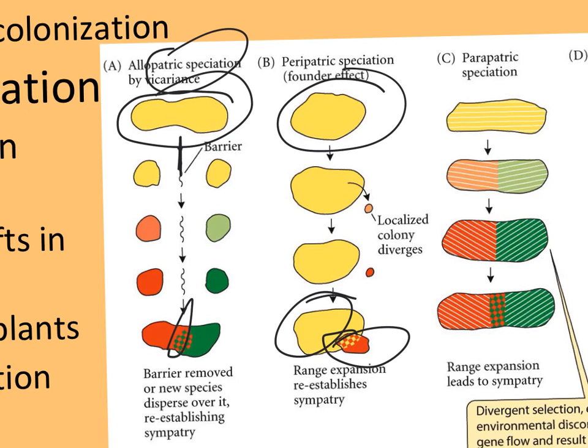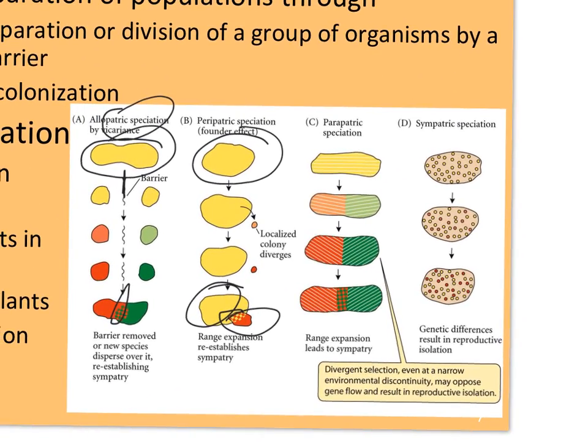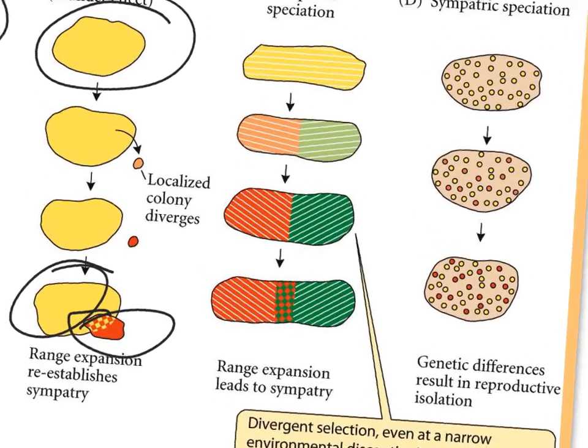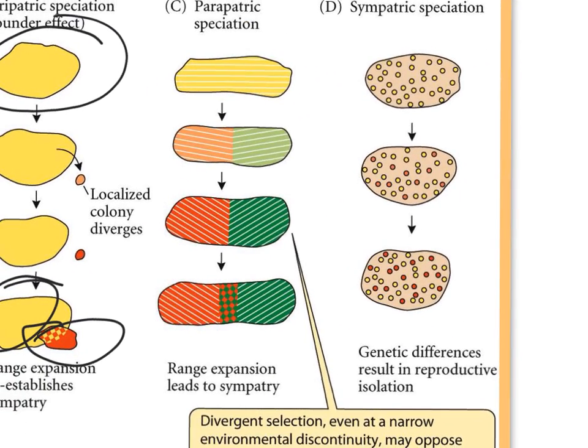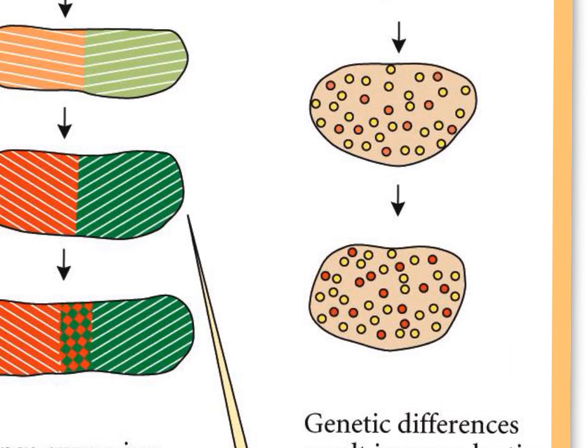And then there's one other. Instead of allopatric, there's something called sympatric speciation. And sympatric speciation is in the same place. Okay, and if we actually look at this, there was all one population right here.